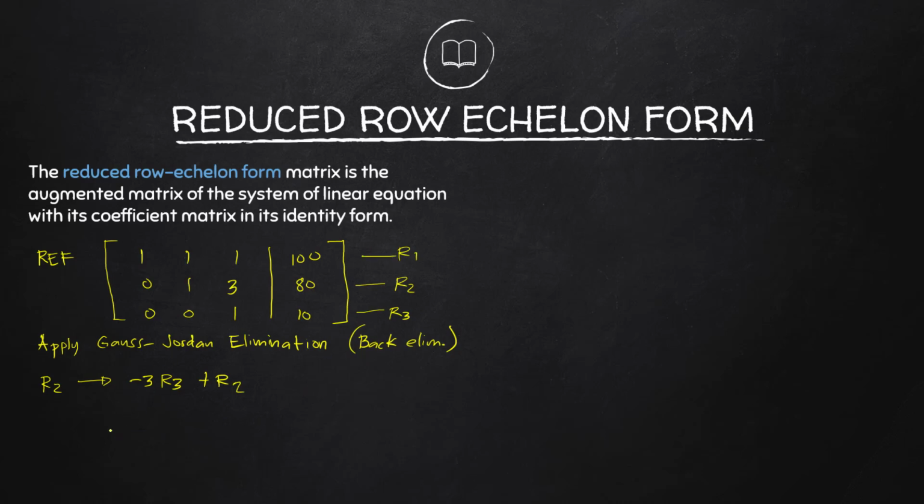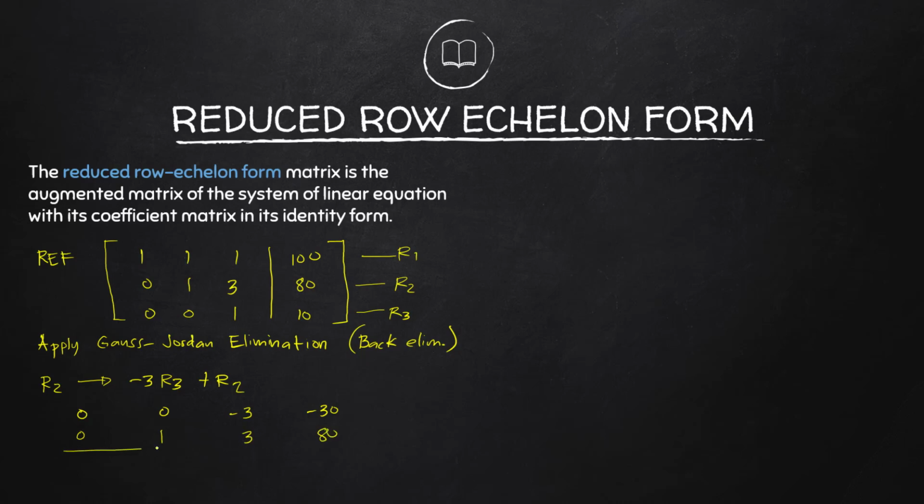So let's continue. We have 0, 0, 1 times negative 3 is negative 3, and 10 times negative 3 is negative 30. And then copy row 2: 0, 1, 3, and 80.